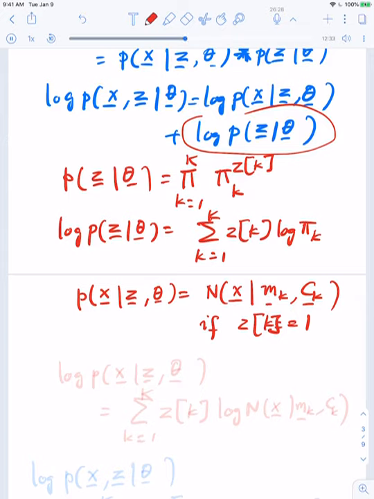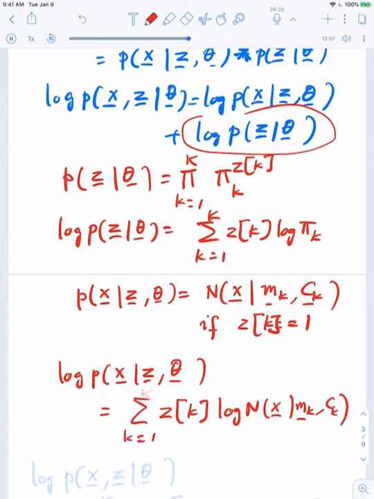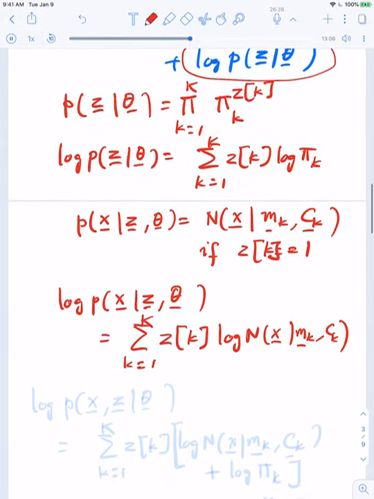So I can write log of p of x given z and theta as the sum over k equals 1 to K of z_k times log of this Gaussian. Because exactly one of these terms can be 1 at a time and everything else is 0, this is also a beautiful expression.